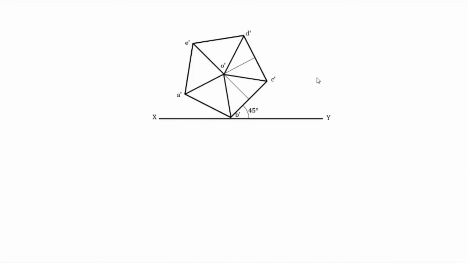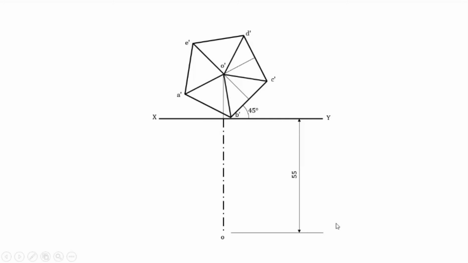Now we have to draw the top view. In order to draw the top view, first we determine the O, that is the apex. In order to determine the apex, we go for a 55 millimeter length chain line, and at the end of that particular chain line, we mark the point O. So O is 55 millimeters from the XY line and along the projector through O dash.